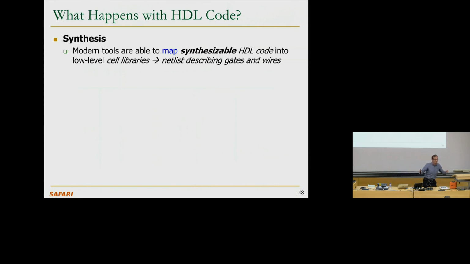Not necessarily, because behavioral Verilog is at a much higher abstraction level, and the synthesis tool may actually take that abstraction level and pick different gates to satisfy the specification in the description. Whereas if you already specify the gates exactly, the synthesis tool will take those gates and basically generate the hardware for you. Okay? So that's also the difference between behavioral versus structural.